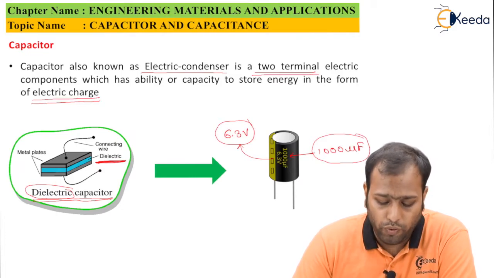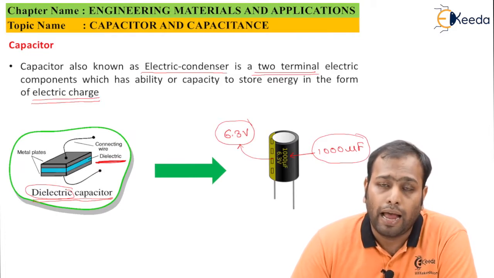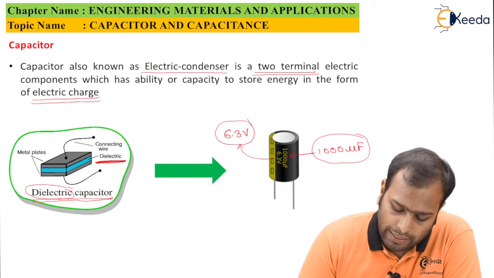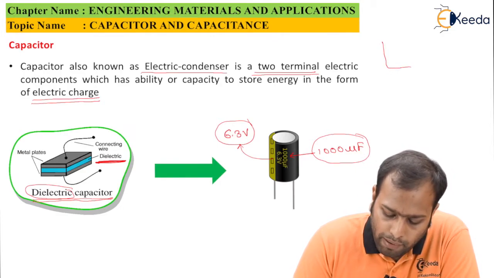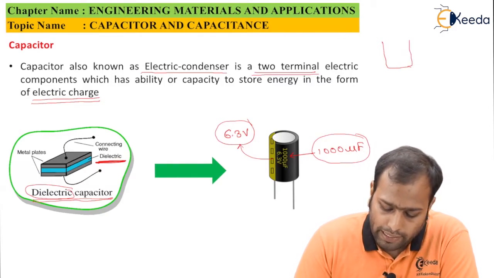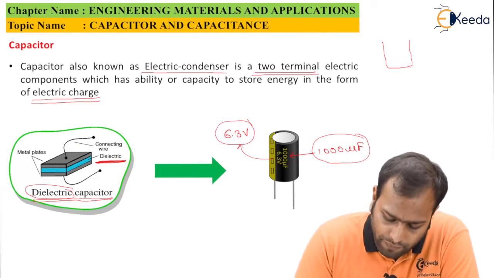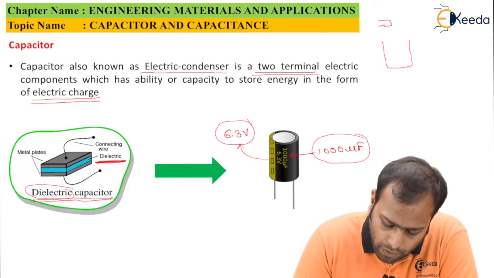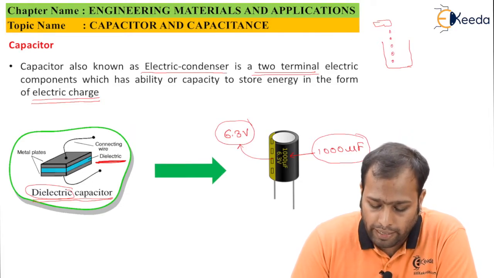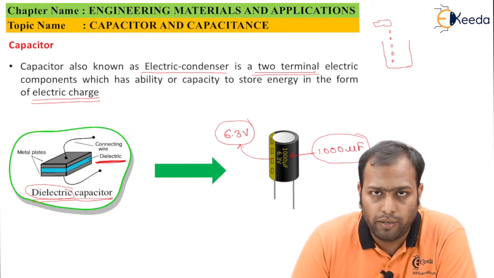Well, just to give you a simple example and a simple prototype, how does a capacitor work? Let's imagine I have a bucket of water, but the problem is the bucket of water is being filled by a tap from which water comes in the form of drops. So how long would it take for the bucket to get filled?